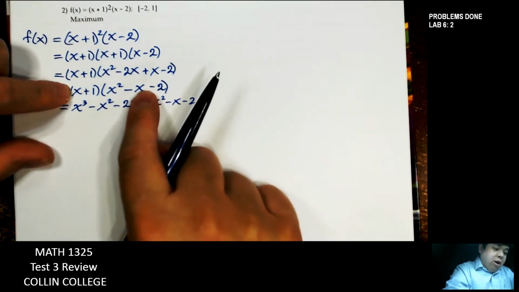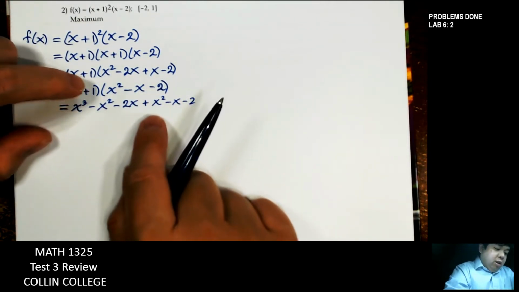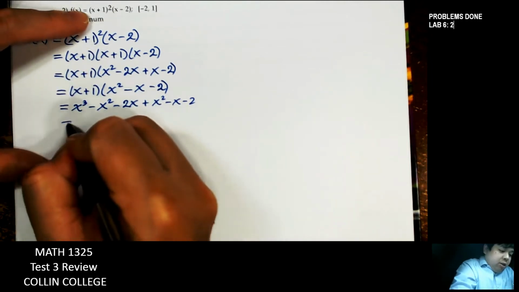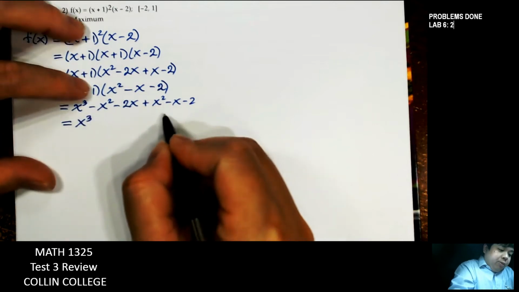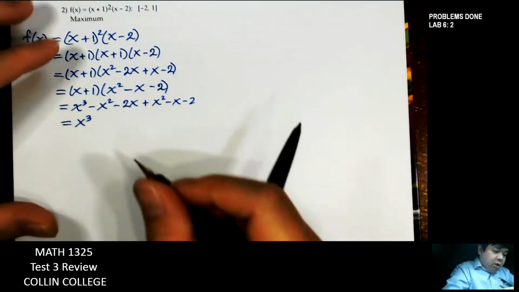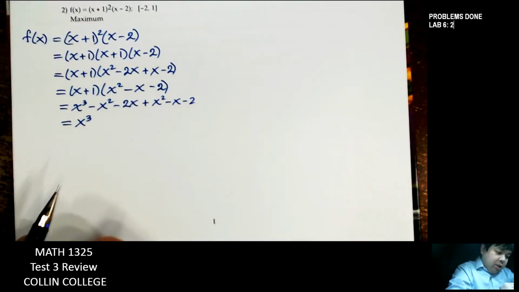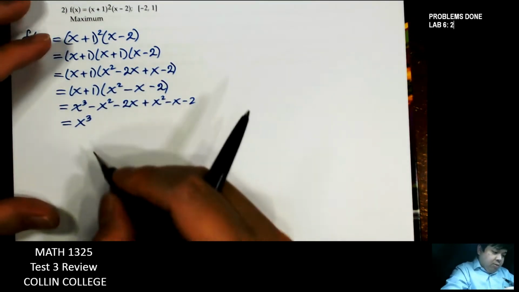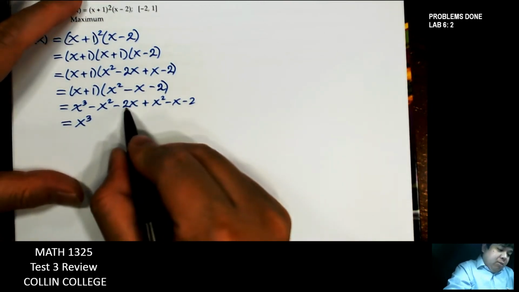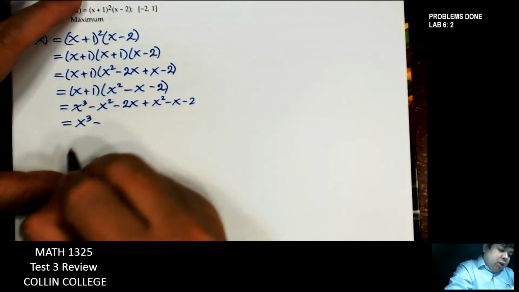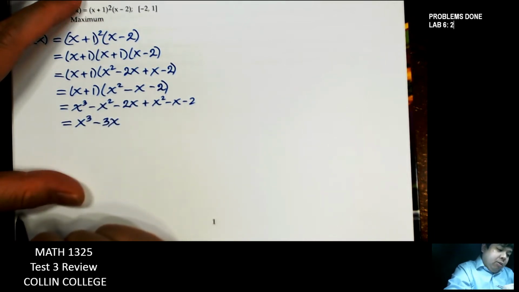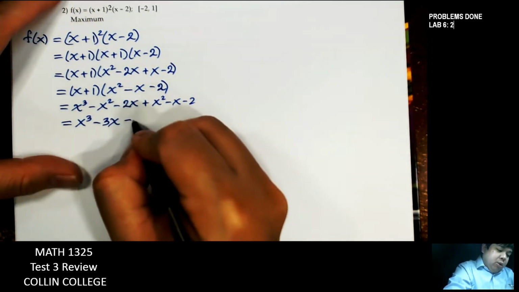Combine like terms: x cubed, x squared and x squared cancel out, and then minus 2x minus x is minus 3x, and then minus 2.